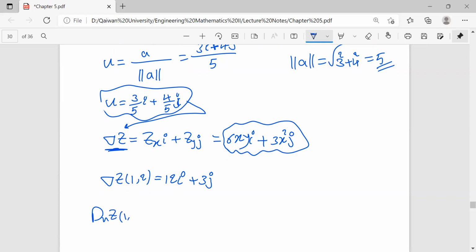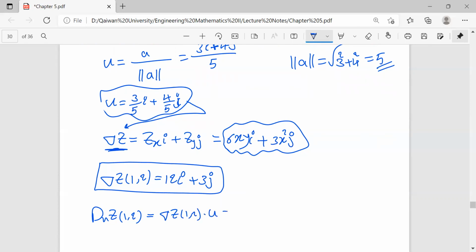Now we say the directional derivative of Z at 1 and 2 is the dot product of U with the gradient vector. You say grad Z at 1 and 2 dot U, which equals 12I plus 3J dot 3 over 5I plus 4 over 5J.